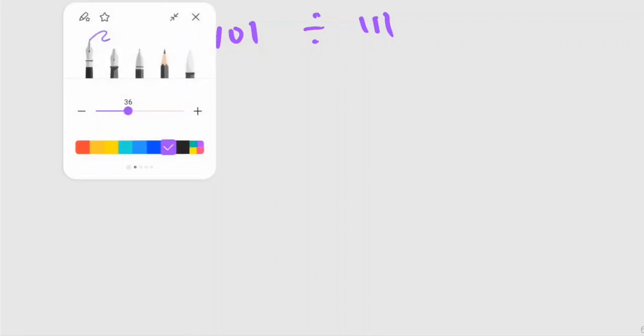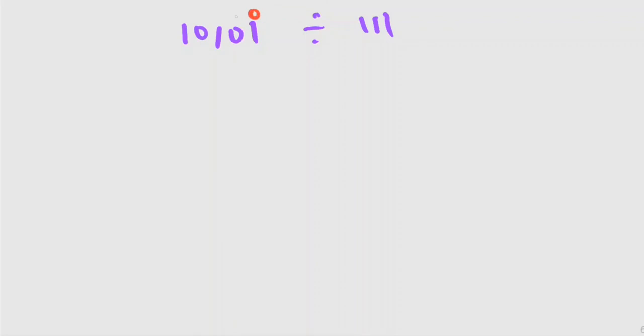The first thing to do is to mark the number positions: 0, 1, 2, 3, 4, then 0, 1, 2. You don't need to stress yourself, since you can take care of only the non-zero digits.